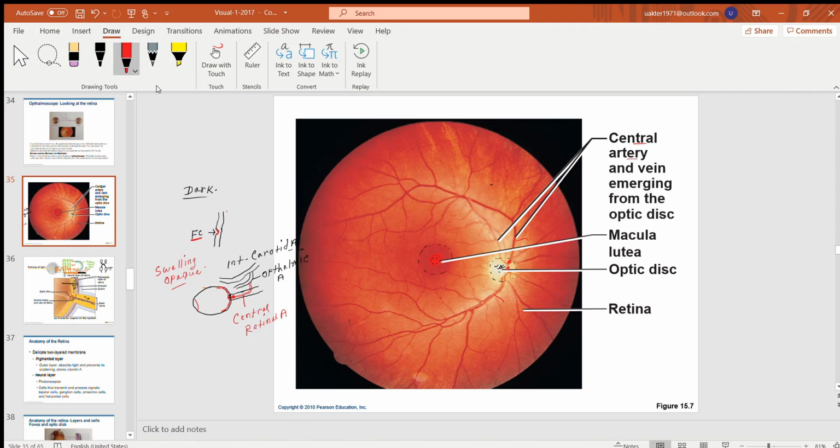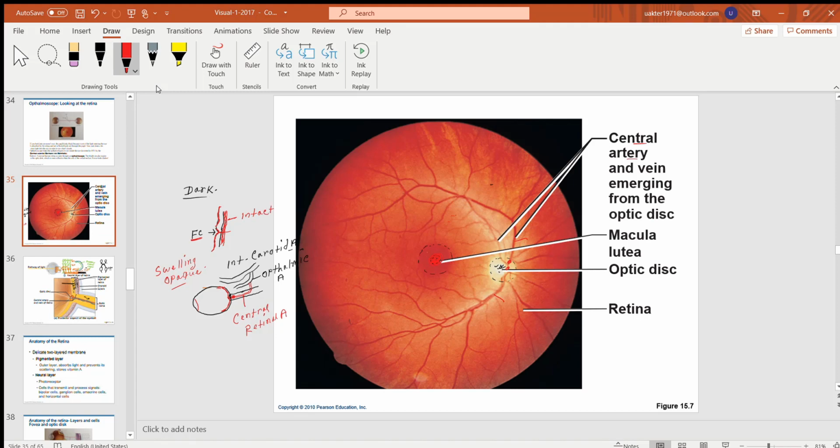Which is the middle layer, you already know, choroid. So this is the choroid, and you will easily see the choroid where the blood is still flowing, because the choroid is still intact, right? Only the retinal artery that is going like this is damaged or blocked. Makes sense? But the choroid is still intact.